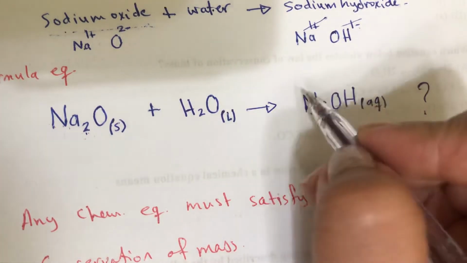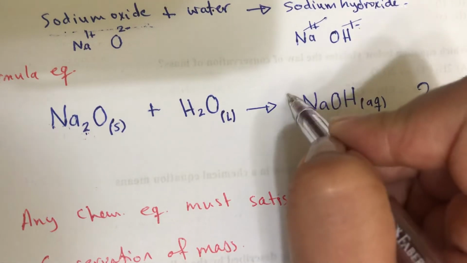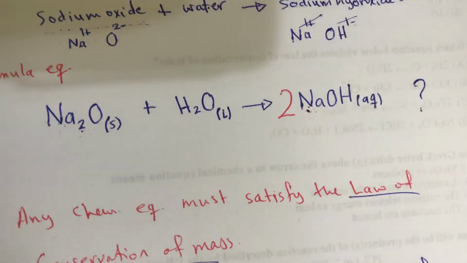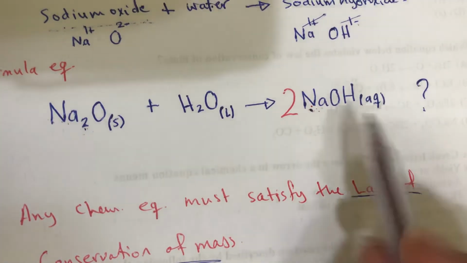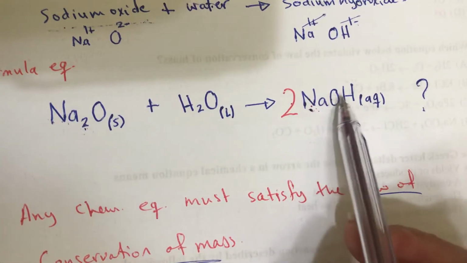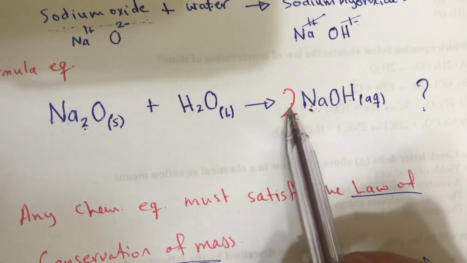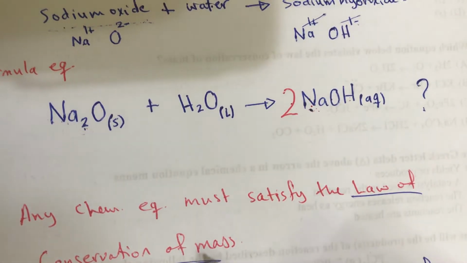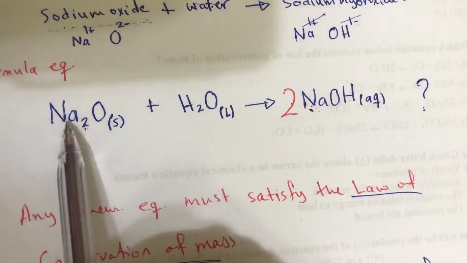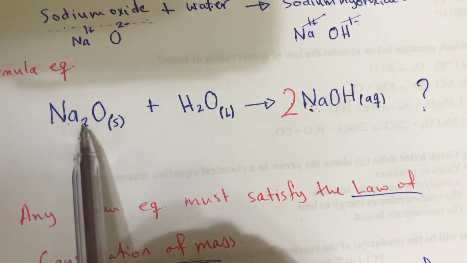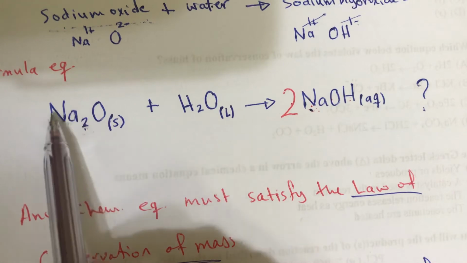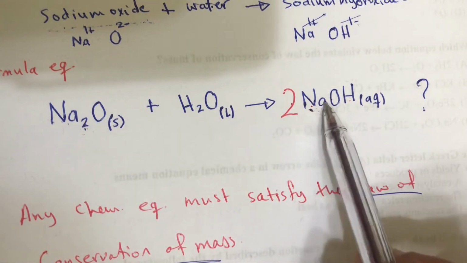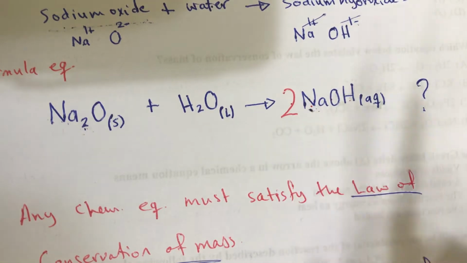This number, which is called coefficient, it's in front of the compound, 2. And it's for each element in the compound. So this 2 is for sodium and oxygen and hydrogen. So here, according to number of sodium atoms, it's equal, 2 sodium atoms in the reactant, and here 2 sodium atoms in the product.